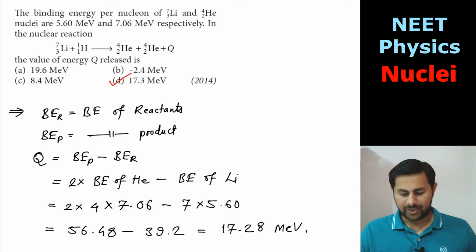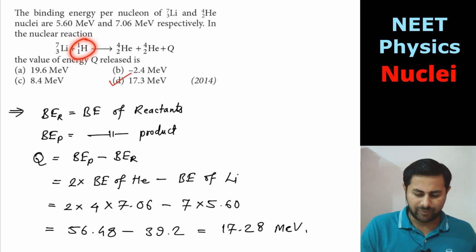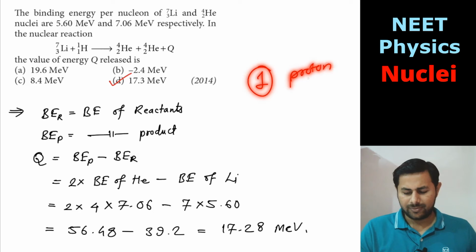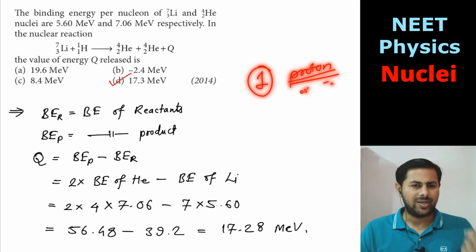The reason is, what is there in the H11 nucleus, the hydrogen nucleus? There is only one proton, so the binding energy is very less.